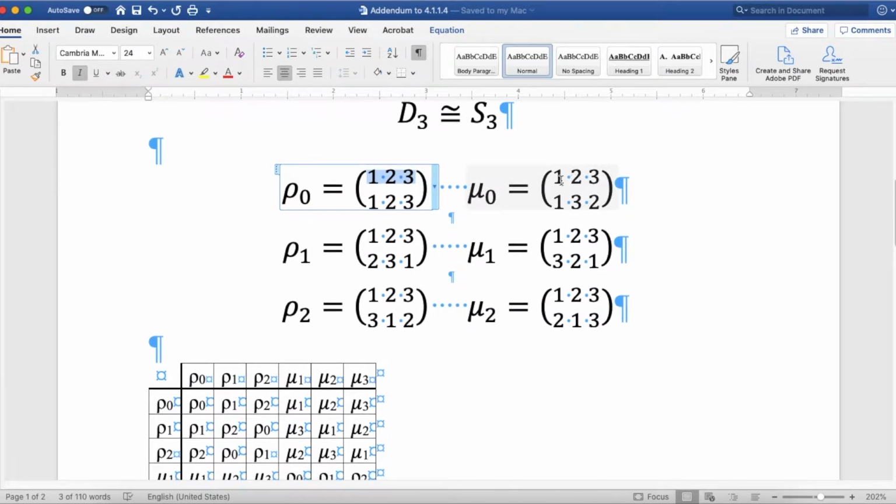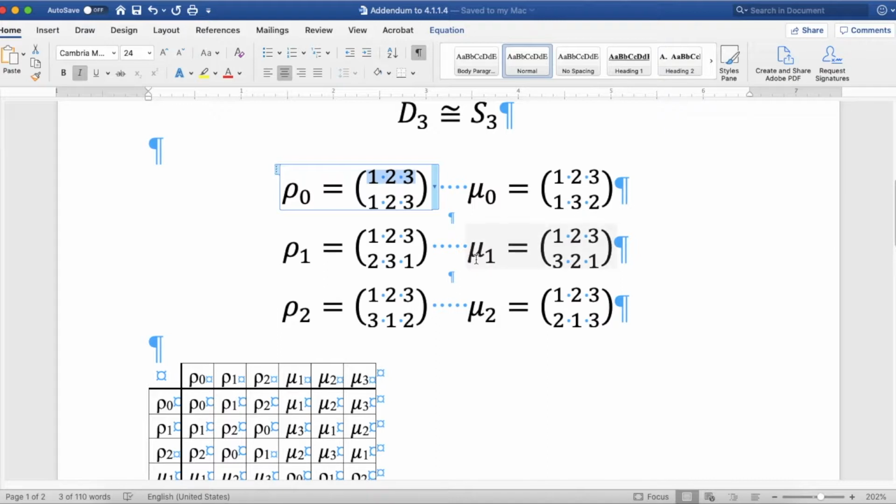And then the mu's are the same as the flips. So for mu0, we leave the first element alone and we just flip 2 elements. That's just like taking a triangle and flipping it over. So one vertex stays where it is, the other 2 flip.